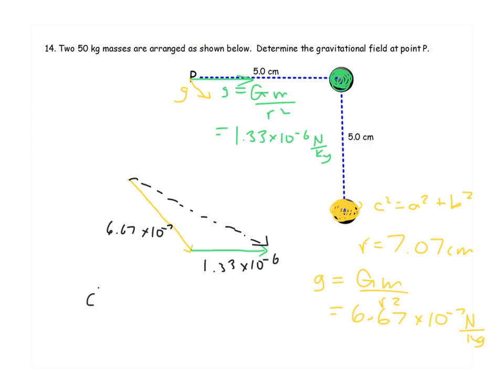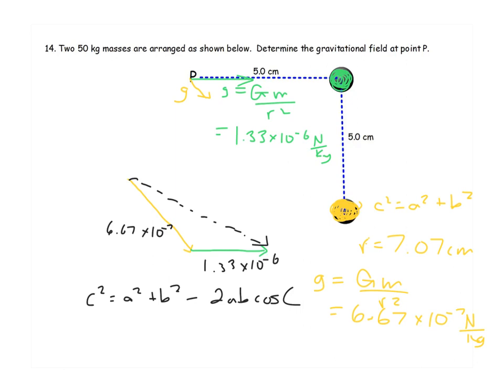Cosine law is c squared equals a squared plus b squared minus 2ab cos of C. It's in your data booklet. It's a formula, so you don't have to memorize it.